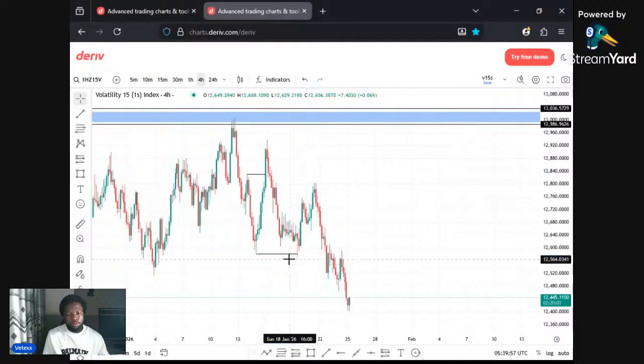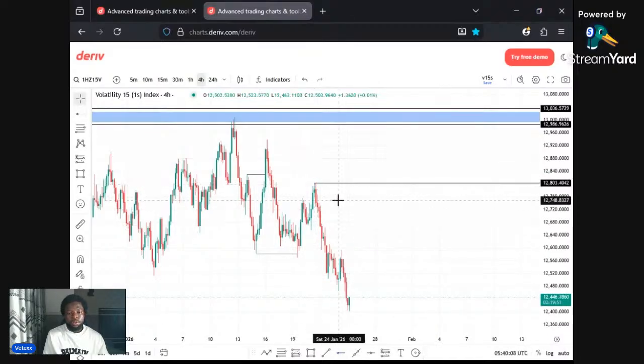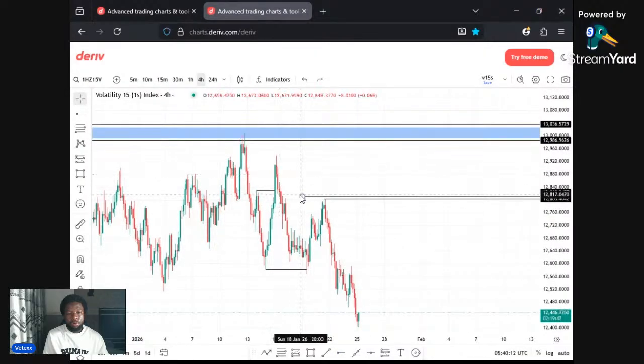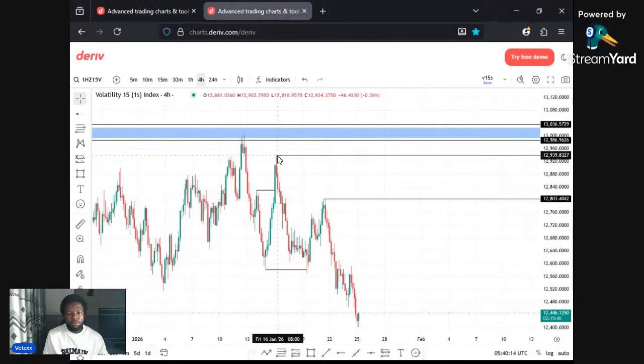And then rule number three, we have price giving us structural liquidity, which is this. Okay. And then this zone here becomes what? Our protected high.